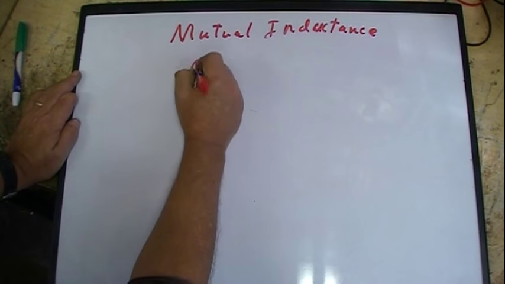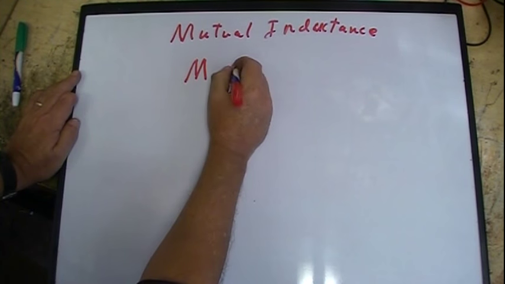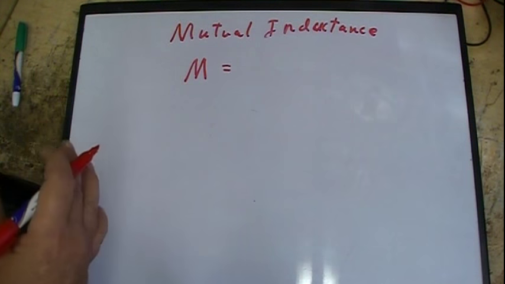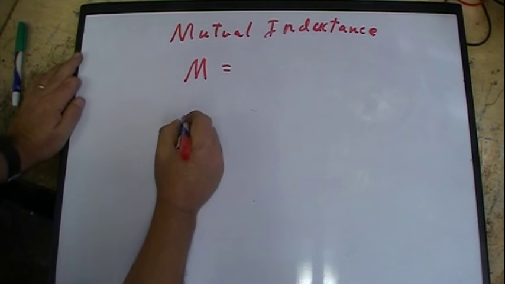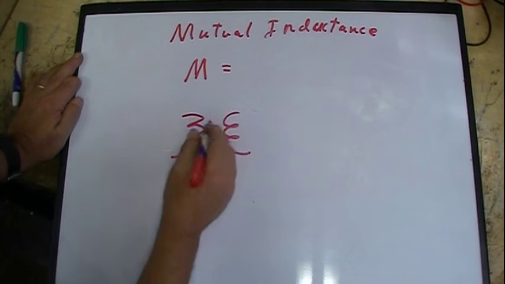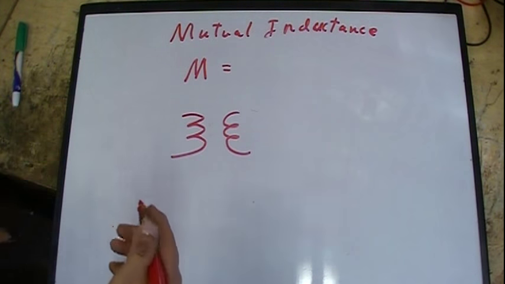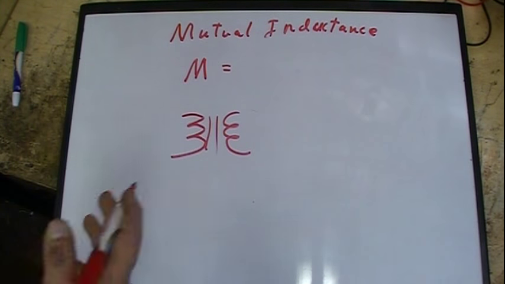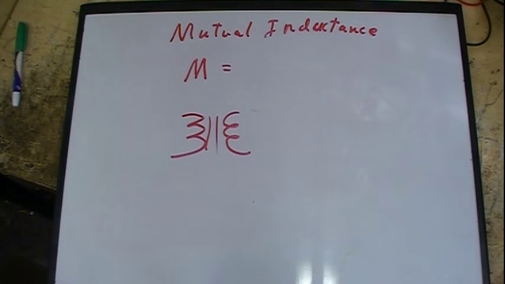is M, just for mutual, equals. Now there's actually two different ways of doing this depending on how you look at it. We're looking at some sort of set of coils, transformers. They can be iron core or air core, it doesn't matter.